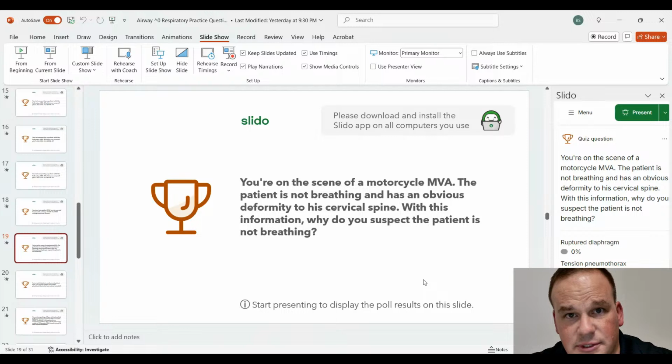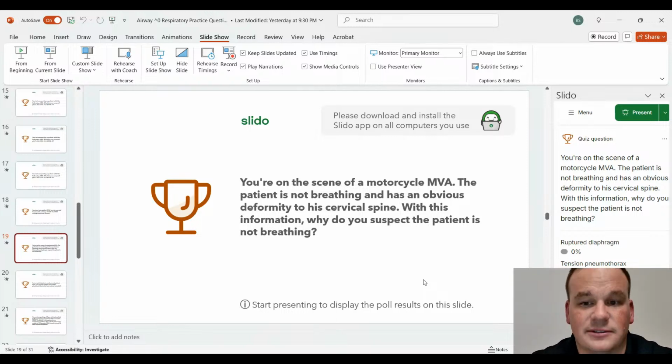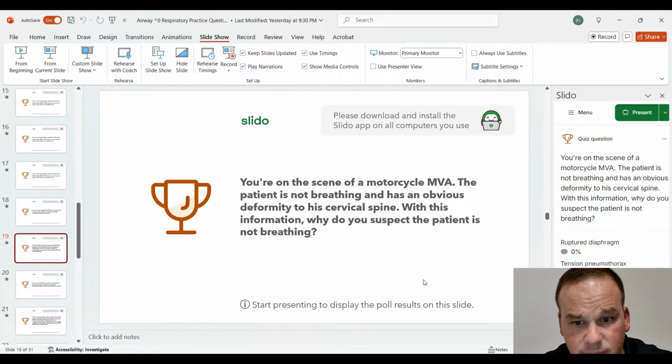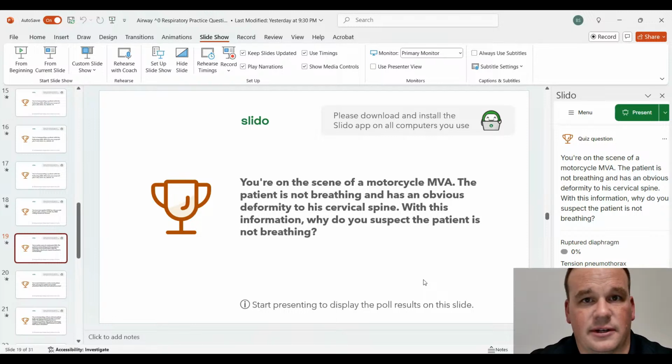Can patients have ruptured diaphragms from motorcycle wrecks? Of course. But this question really isn't giving me any information to just automatically jump to, I wonder if this is a ruptured diaphragm, right? They're giving me very specific information about this patient's one injury, at least, that he has a deformity to his cervical spine. Tension pneumothorax, there's nothing in the question that leads me to that. Upper airway obstruction, there's nothing in the question that leads me to that.